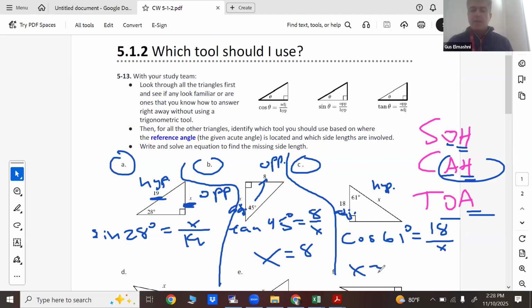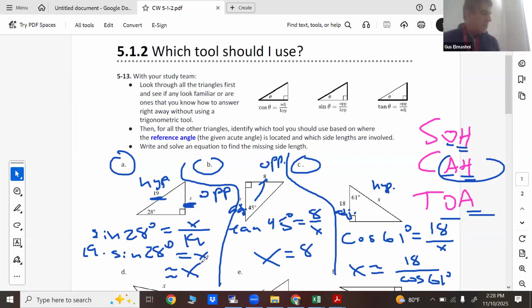If I solve this, it should be pretty straightforward. This would be 18 over cosine 61 because you have to multiply by x and divide by cosine. That's for part C. For part A, that's going to be 19 times sine 28. So let's use that. And then you guys could try D through I.